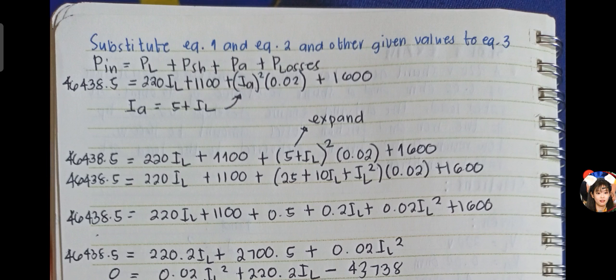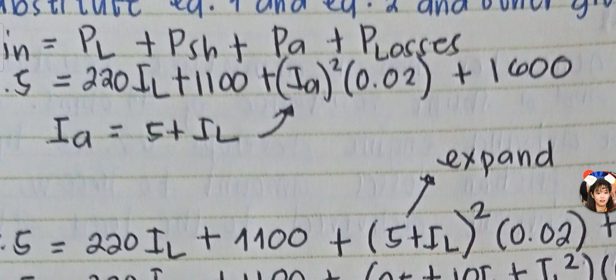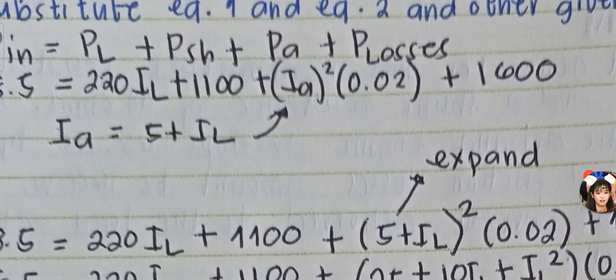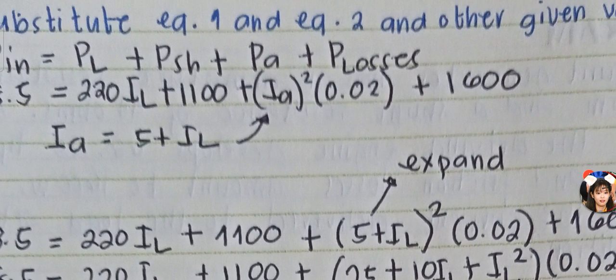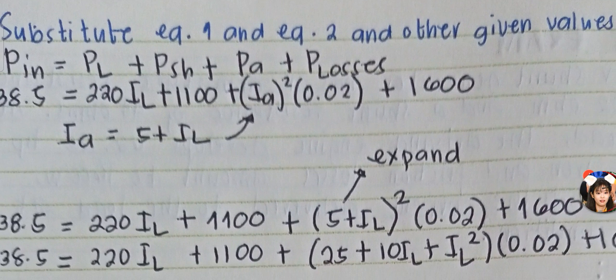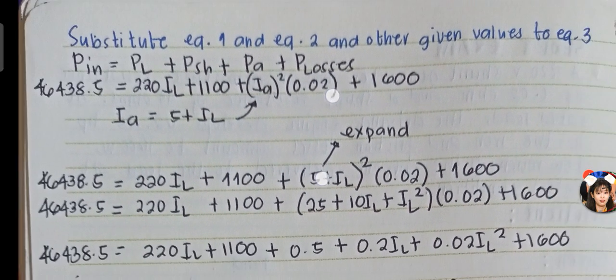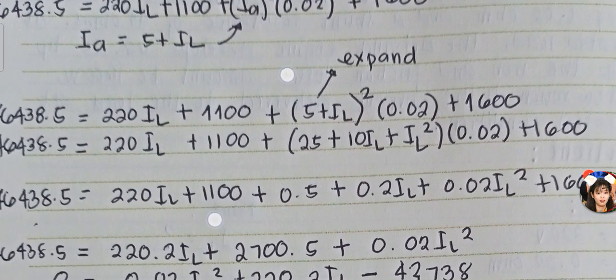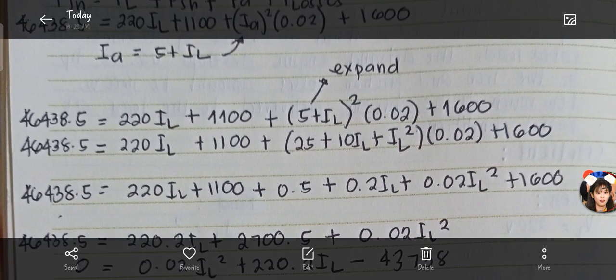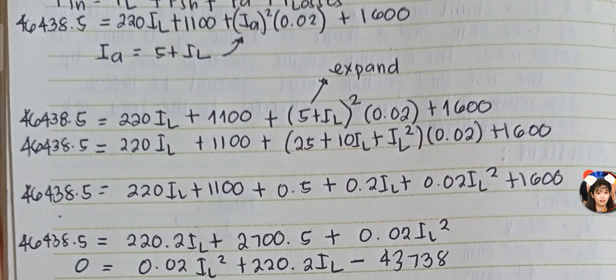We know that IA is equal to 5 plus IL. We substitute it so that we remain with only one variable, which is IL. Now we have 46,438.5 watts is equal to 220 times IL plus 1,100 watts plus 5 plus IL squared.